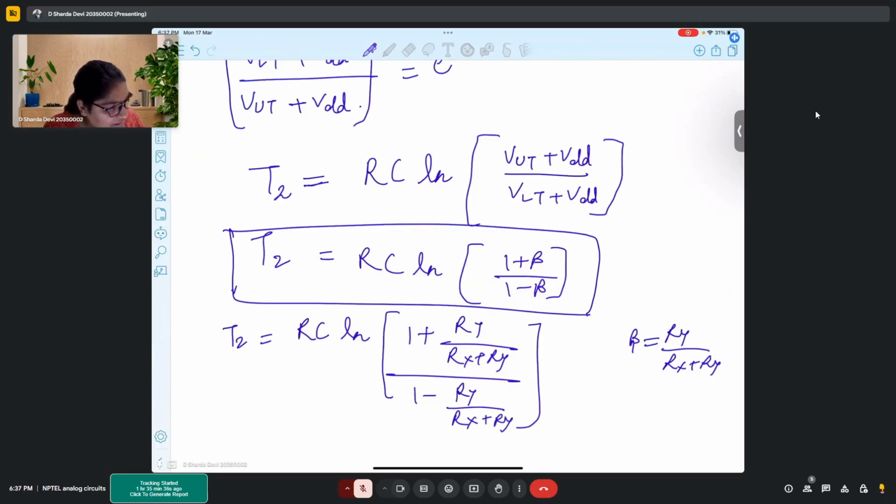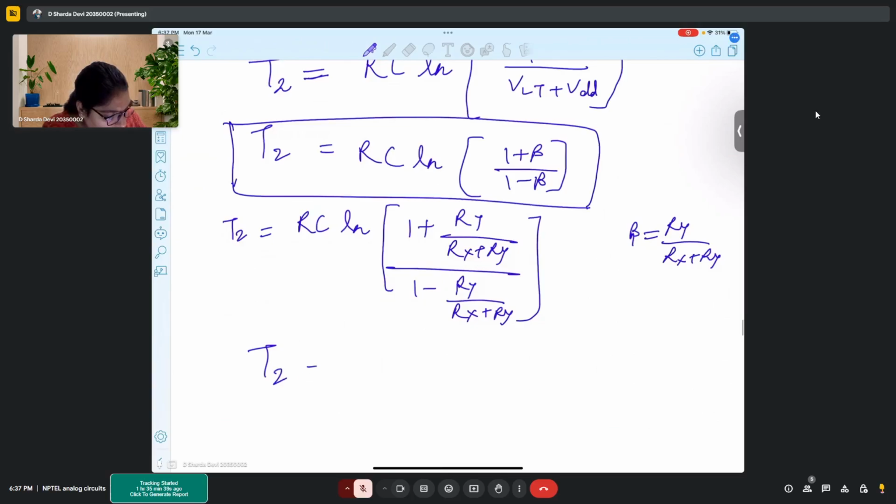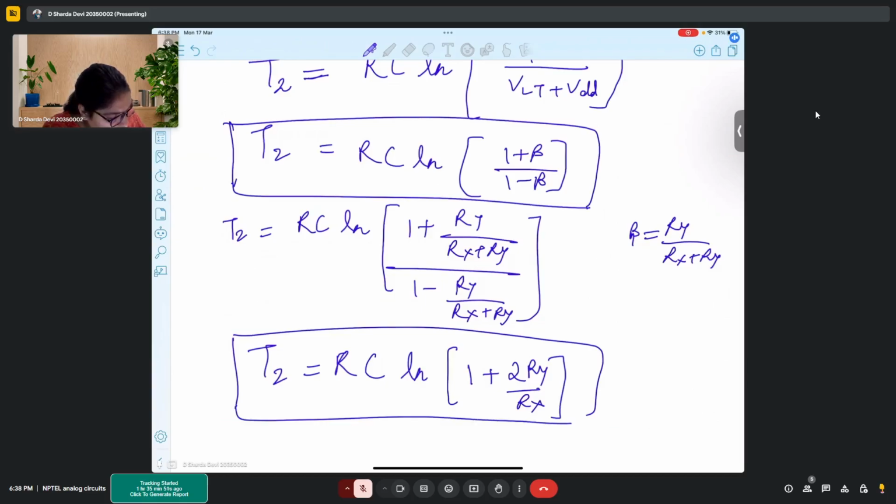It comes out to be a similar equation, so the expression remains the same: Rc ln 1 plus 2 Ry by Rx, right? So this is what we get for T2.